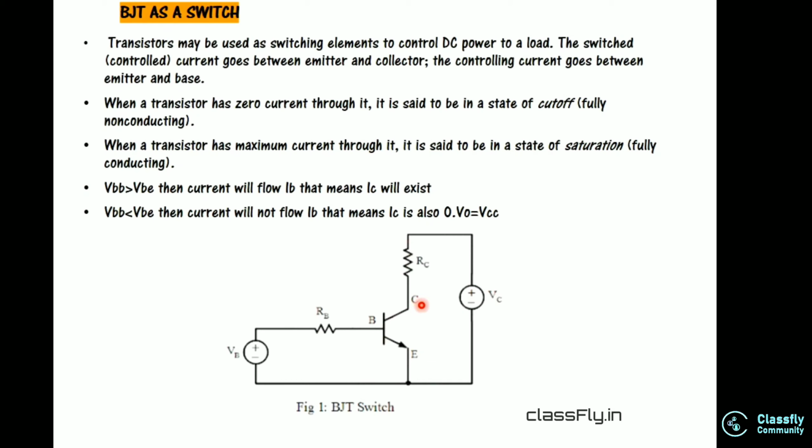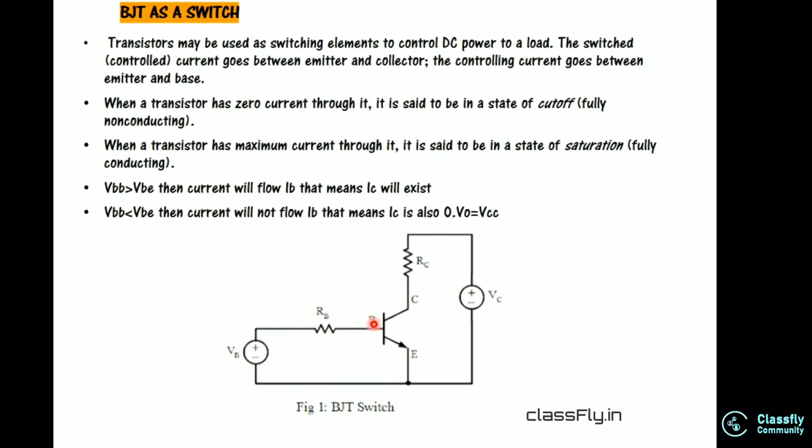It states that whenever a transistor has zero current through it, it is said to be in a state of cutoff, that means fully non-conductive. At this point the current will not flow. How will the current not flow?